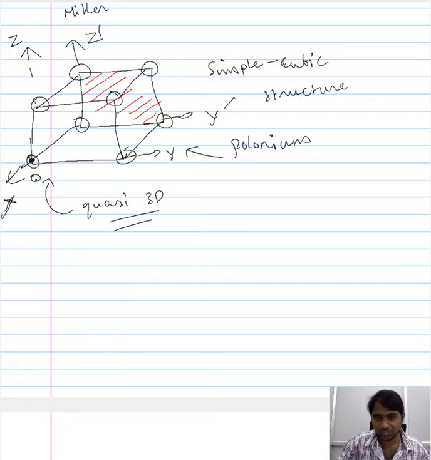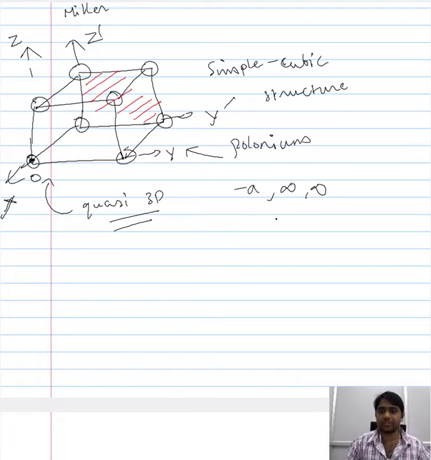So if your origin is here, we can represent the plane in red by considering the intercepts that the plane makes on the individual principal axes. Along the x principal axis, the plane makes an intercept at minus a, and it does not make any intercept along the y-axis or the z-axis, so it assumes that the intercept is made at infinity.